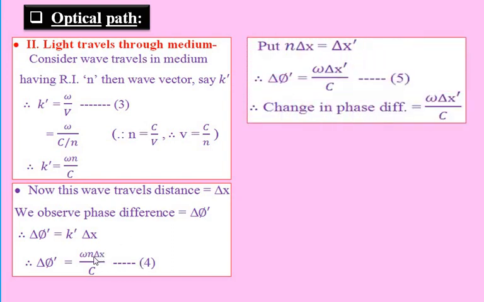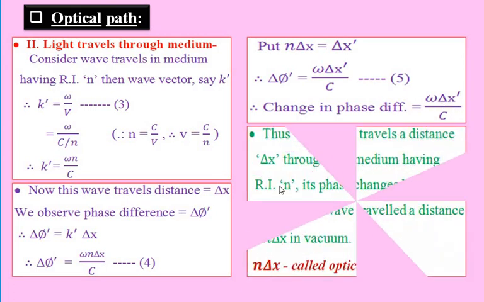If we put n into delta x equal to delta x dash, then delta phi dash is equal to omega into delta x dash divided by c. This is the change in phase, equal to omega into delta x dash upon c.